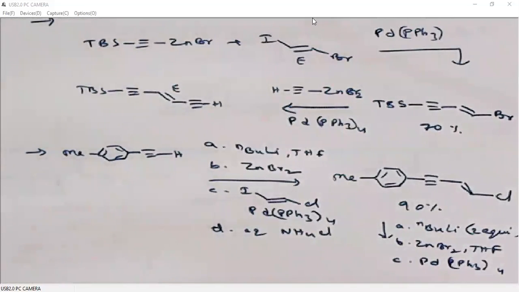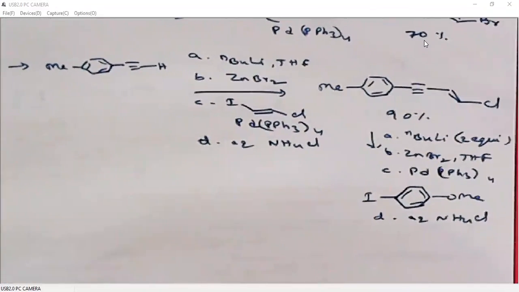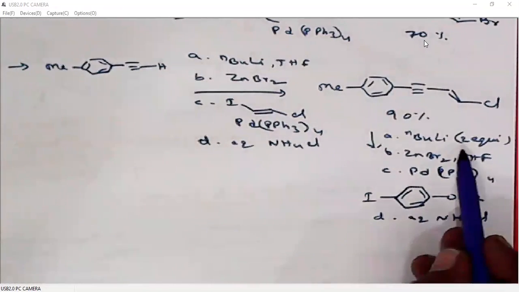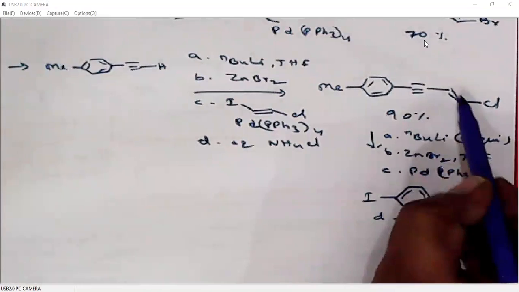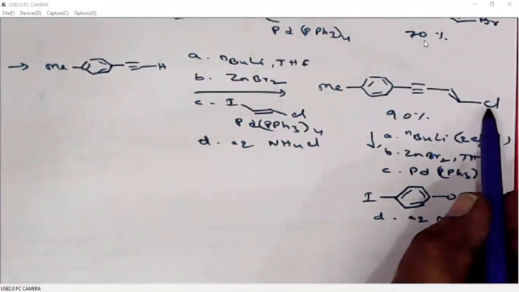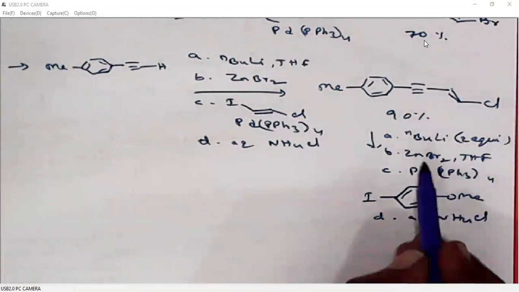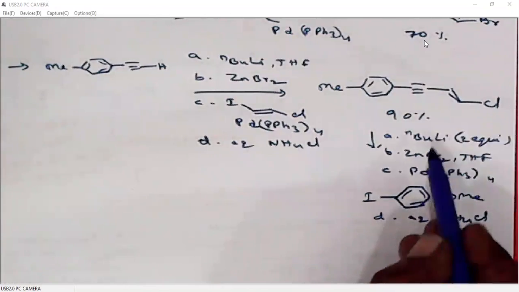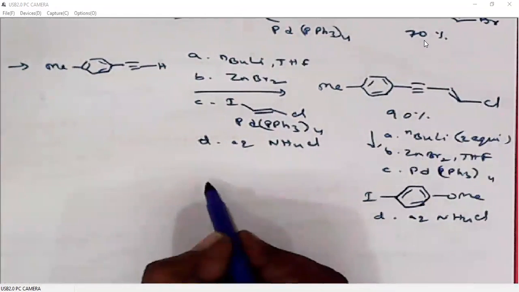I need some space, please take this example. So when we treat it with two equivalents of butyl lithium, what will happen? It picks up a proton here, it generates a triple bond. Then again it will undergo halogen-metal exchange. So it generates a negative charge and a triple bond. Then when we treat it with zinc, it generates organozinc that undergoes Negishi coupling.